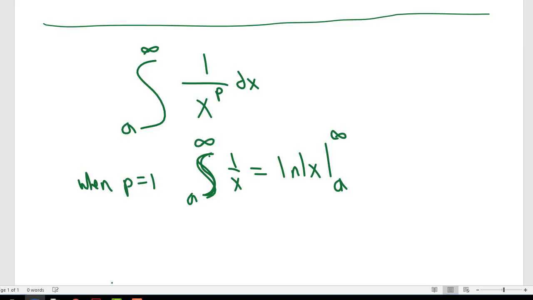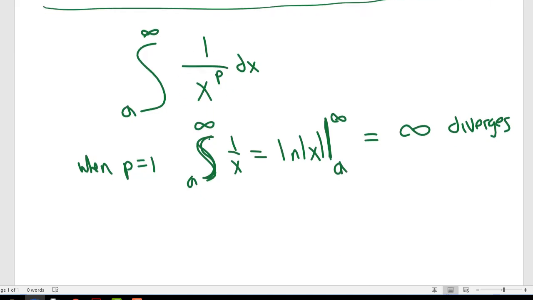When I plug the infinity in, that's horrible mathematically, I'm breaking all kinds of rules. This is really a to t, and t approaches infinity. But if the inside approaches infinity, from the logarithmic graph we just saw, that was infinite. And that diverges. So we know that when p is 1, this integral of 1 over x diverges.